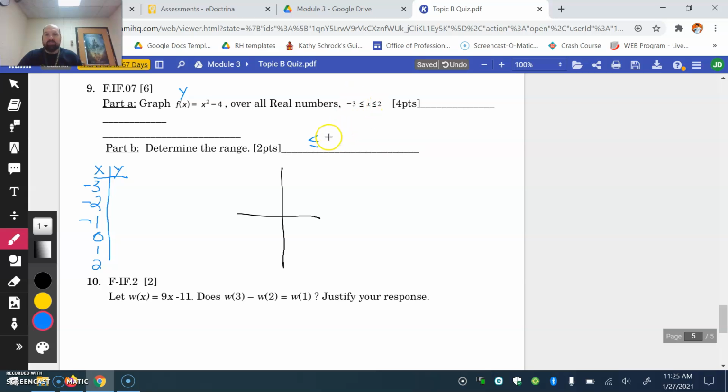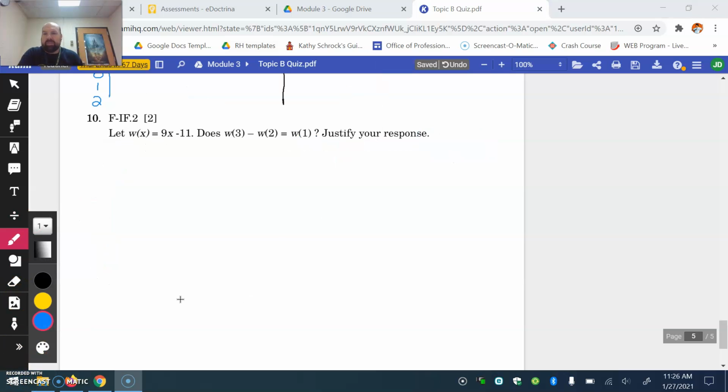By the way, your range should look something like this, or you can use interval notation, which would be your square brackets in this case, and in between two numbers. I'll give you an example. Using interval notation for negative 3 to 2 would look like this. Okay, so that's how you answer question 9.